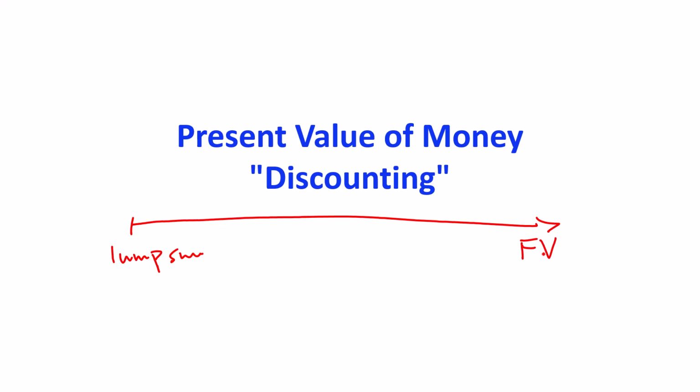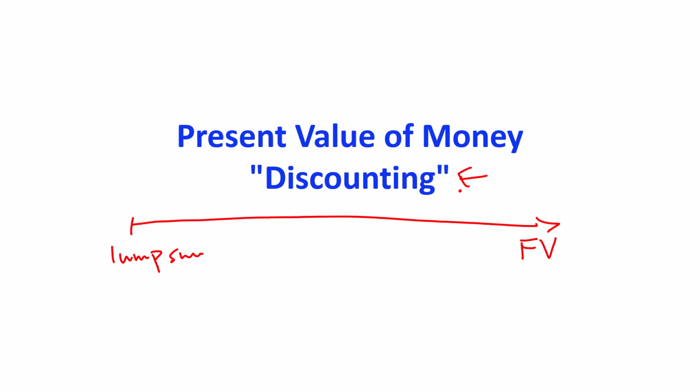However, there are several scenarios in finance in which a security or a project provides you with some cash inflows in the future, and you want to decide today whether to invest in that asset or not. When we talk about discounting, we mean finding the present value of some future amount, some future cash flow.